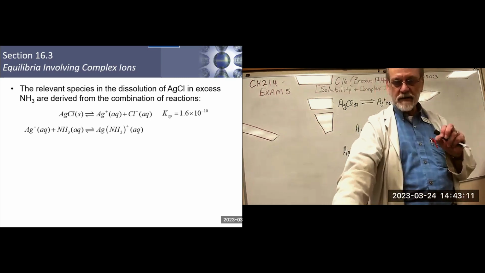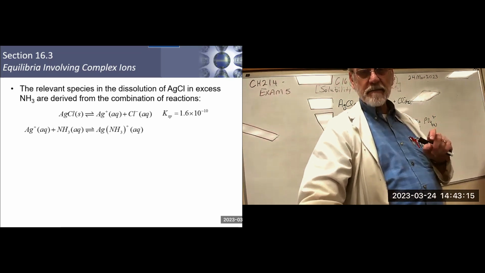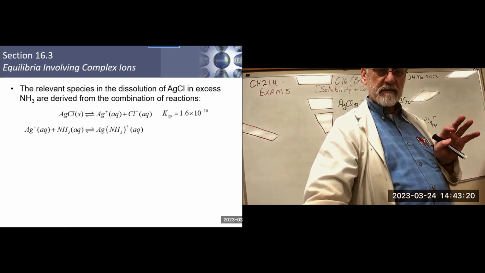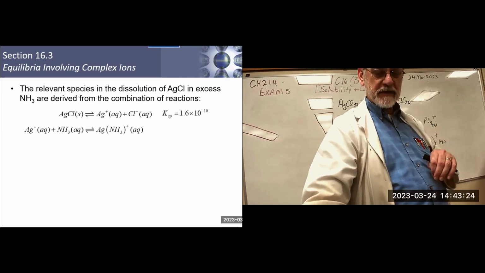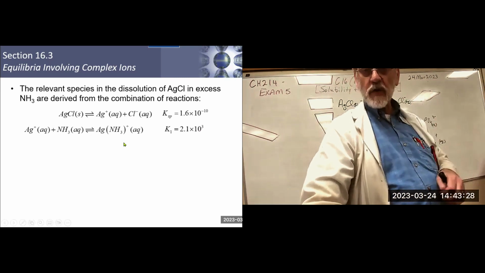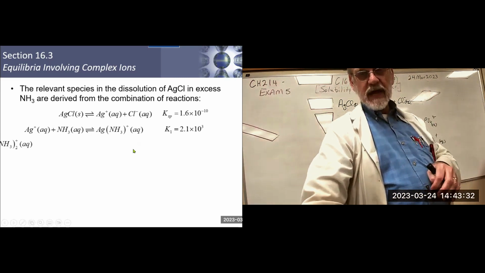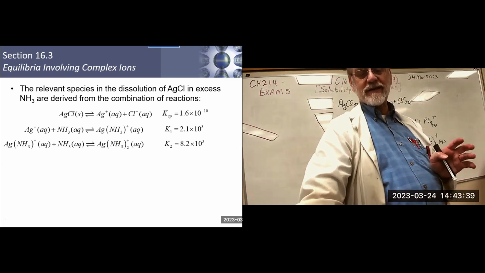One ammonia combined with a silver ion produces monoamine silver 1, I think is the way that's named. And there's your equilibrium constant. So it forms way far to the right. That's good. And then it picks up a second ammonia. And that K is also way to the right.